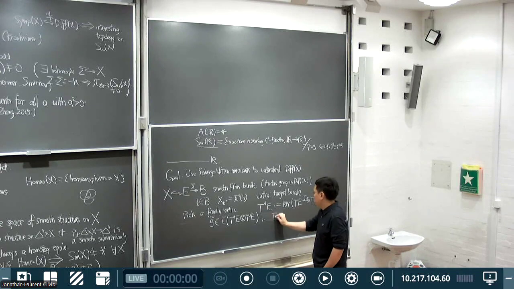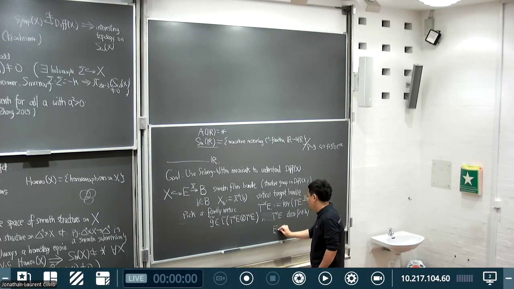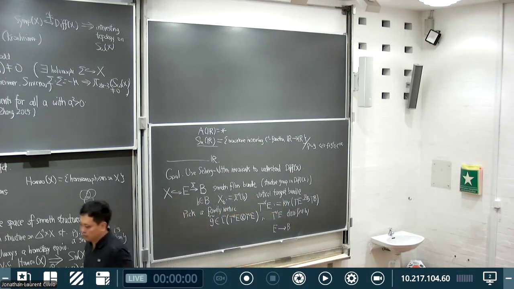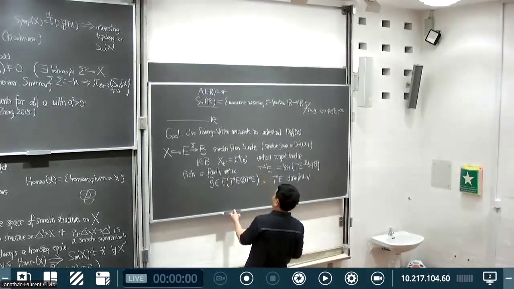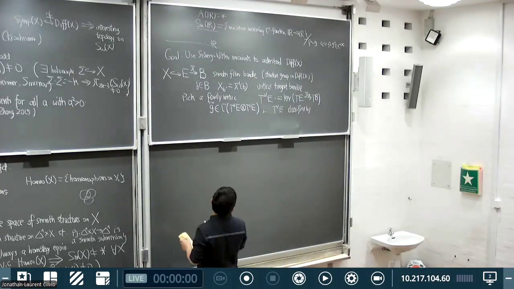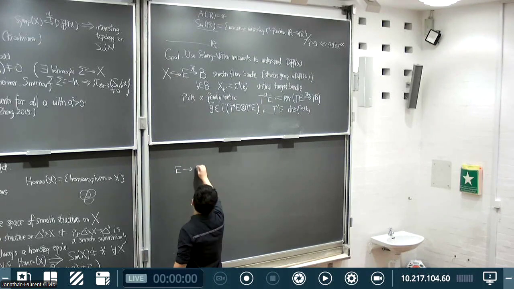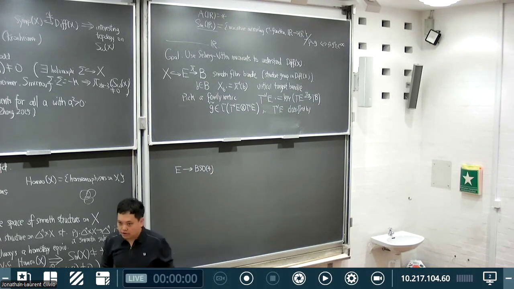So TVE classifies a map from E to BSO(4), which classifies this vertical tangent bundle.